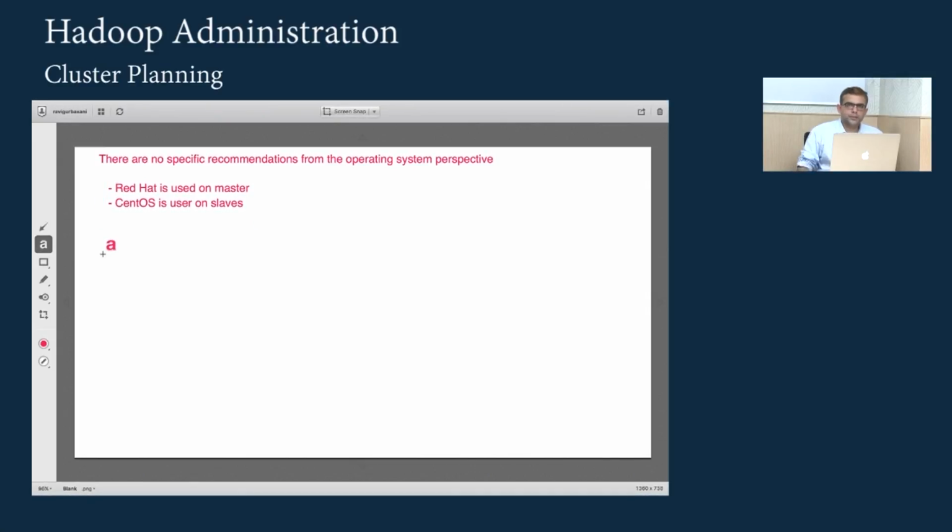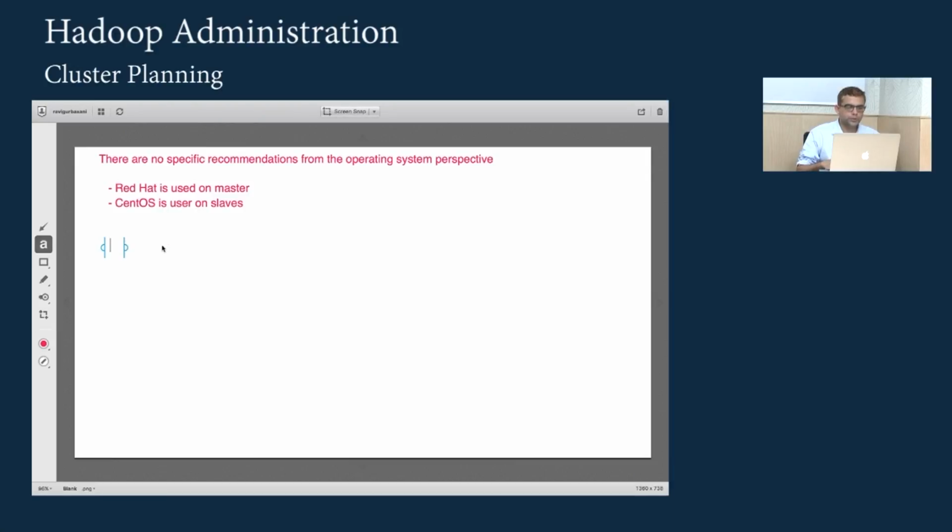There are other operating systems like Ubuntu which are welcome to be used, or you can use SUSE which is very popular in Europe. But the point is there are no specific recommendations that any vendor makes when it comes to operating system, because either way it's going to perform exactly the same way, because Hadoop really works in the user space and not on the Linux kernel as such. So what's most common in the industry is Red Hat on the master and CentOS on the slave.